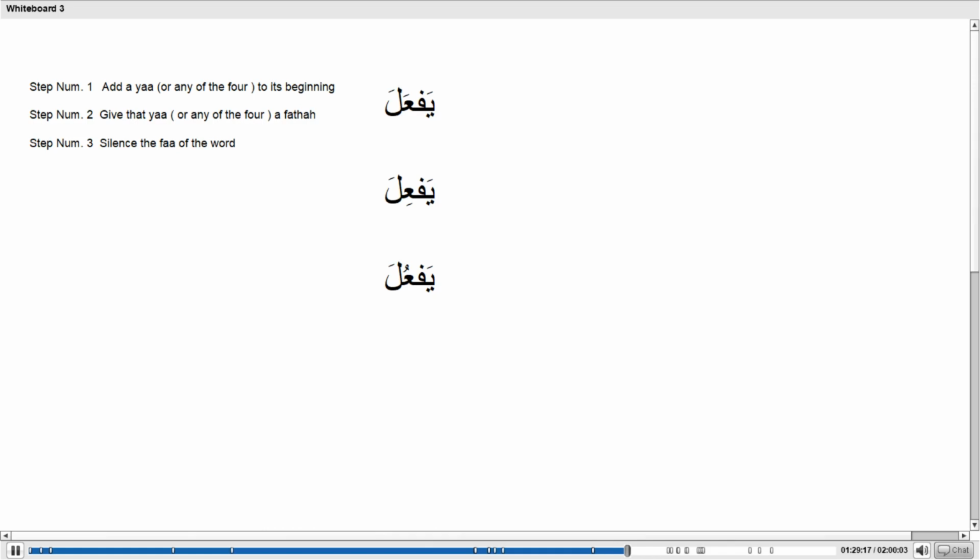The last step you're going to do, which is step number four, is what I have just mentioned to you, that every mudari' originally gets a dhamma on its end. So change the lam of the word from a fatha to a dhamma.